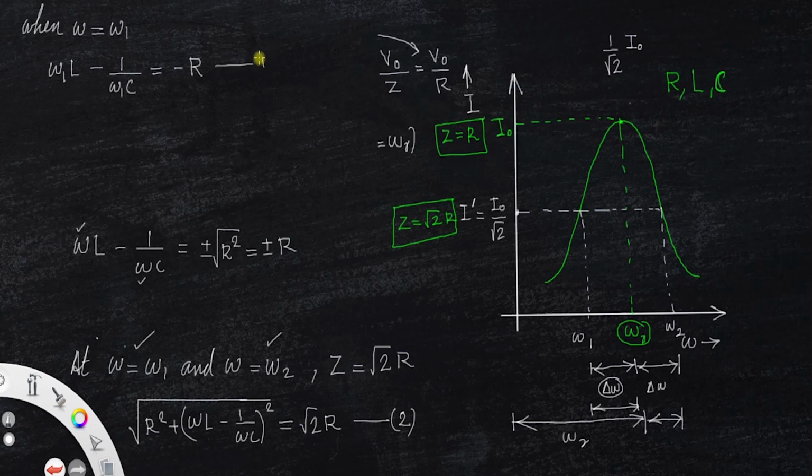Let's call that equation number 3. Now when omega is equal to omega 2, you can write omega 2 L minus 1 by omega 2 C is equal to R. That's our equation number 4.